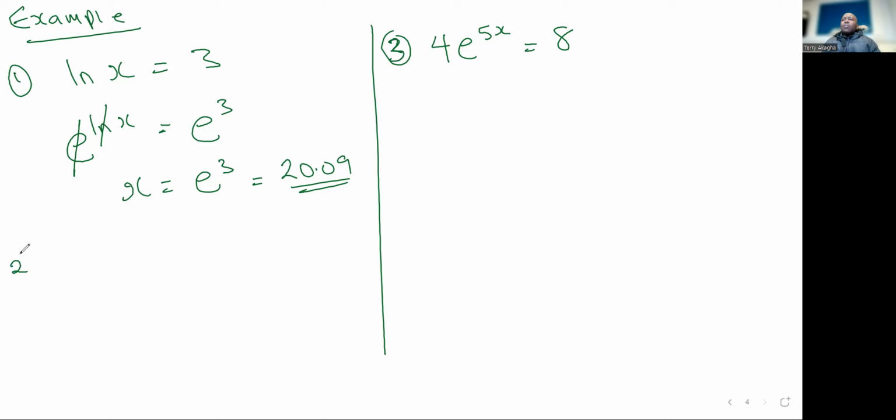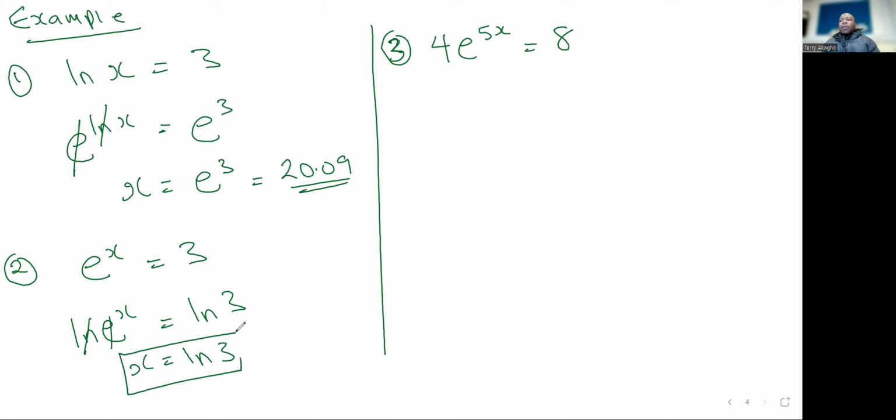So let's say we have something like the exponential of x is equal to 3. Now, to cancel this exponential, we then have to what? Take the ln of both sides. So it's going to become ln exponential of x is equal to ln 3. This will cancel that, so x is going to be equal to ln what? 3. Is this making sense?